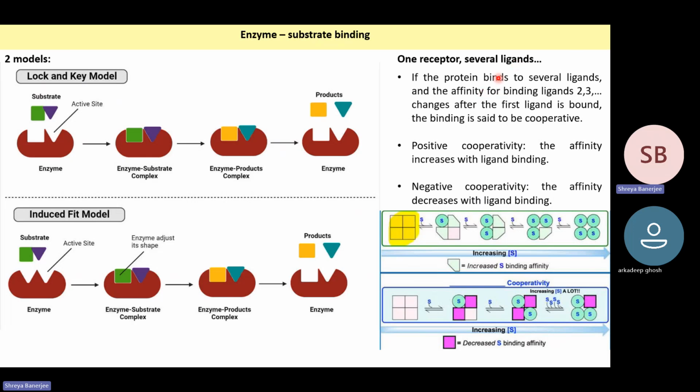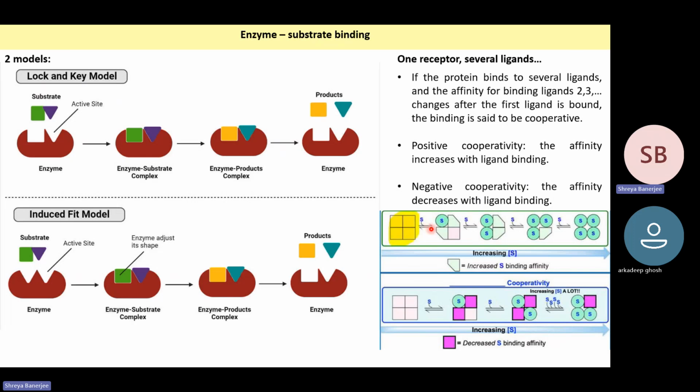Now, suppose a protein binds to several ligands. There are two terms, positive cooperativity and negative cooperativity. Positive cooperativity is when the binding affinity increases with ligand binding. So here you have a protein shown by this, and there are 4 binding regions of the protein shown by 4 squares.